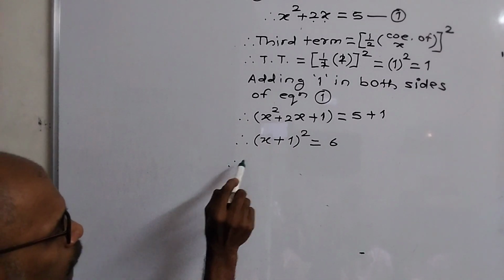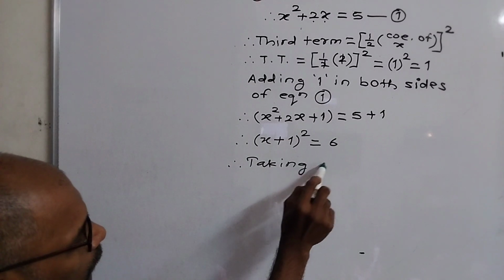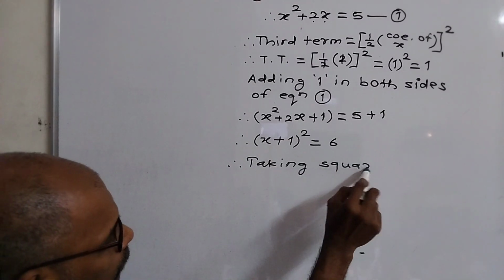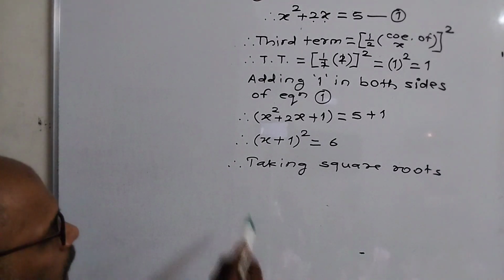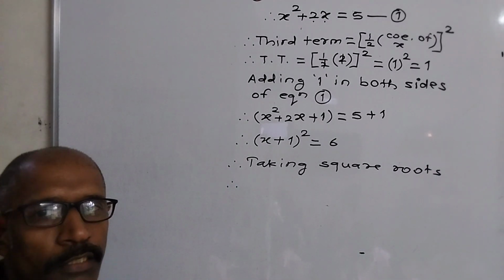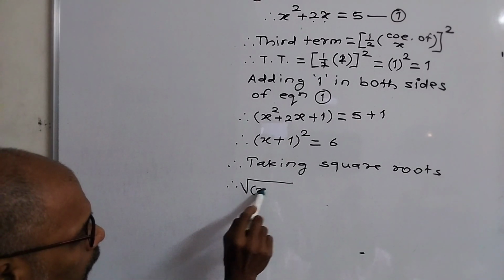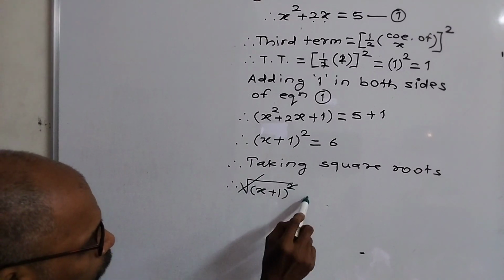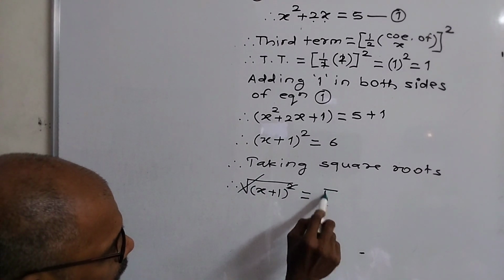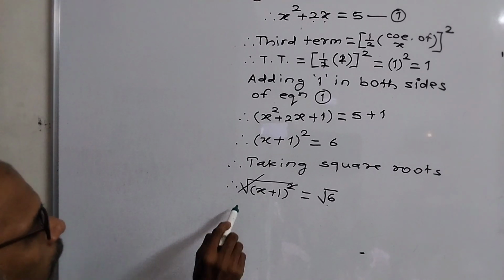Now taking square roots of both sides. Therefore, see here, the square root of x plus 1 bracket square means square and square root cancel, and here also the square root of 6.